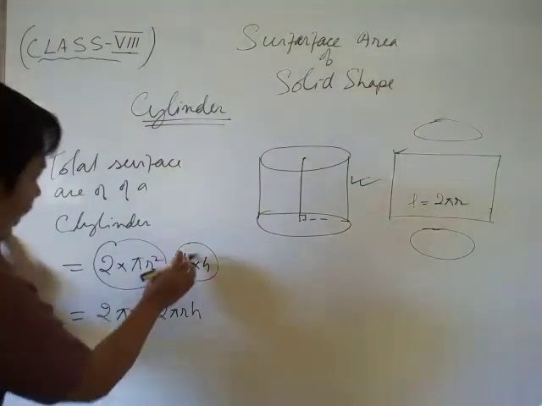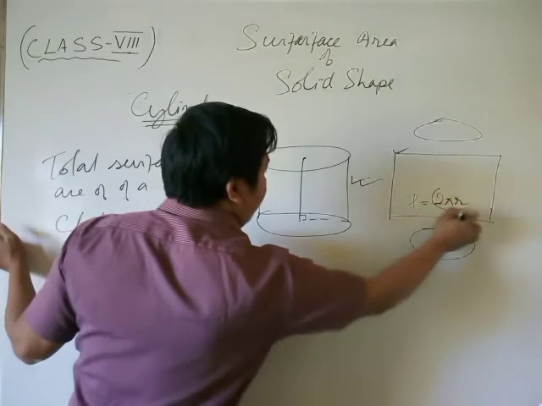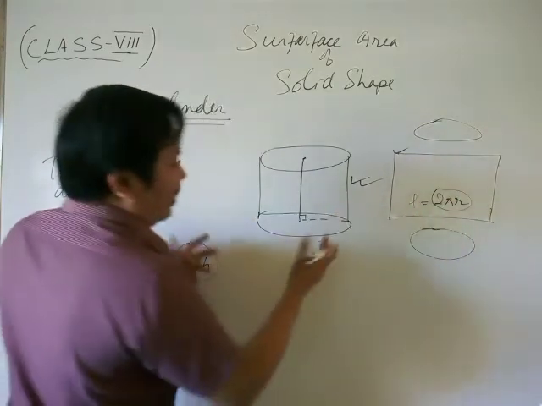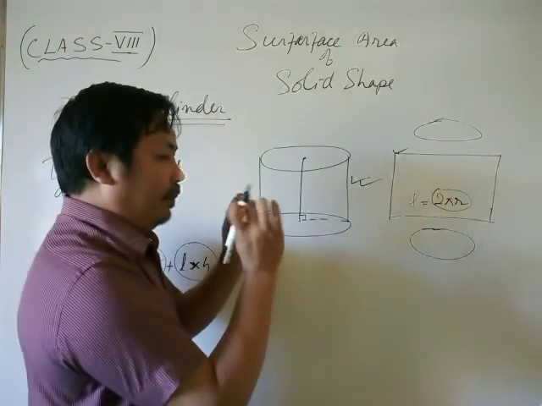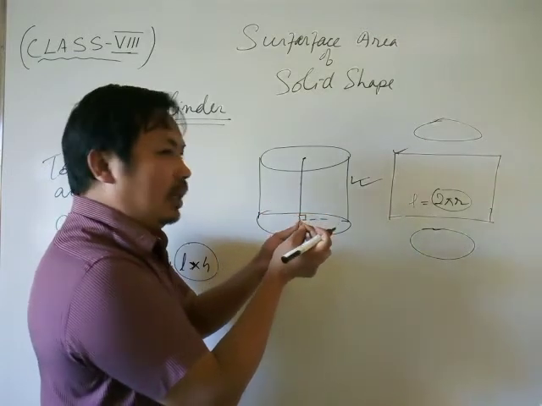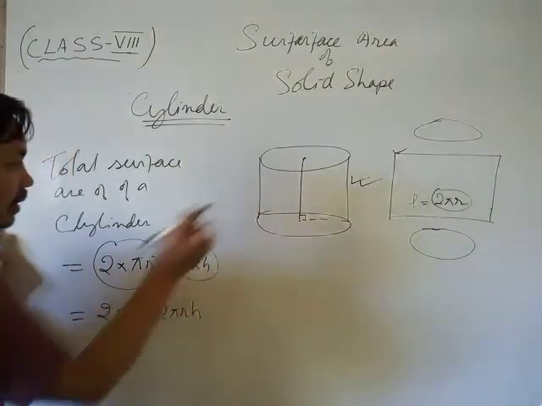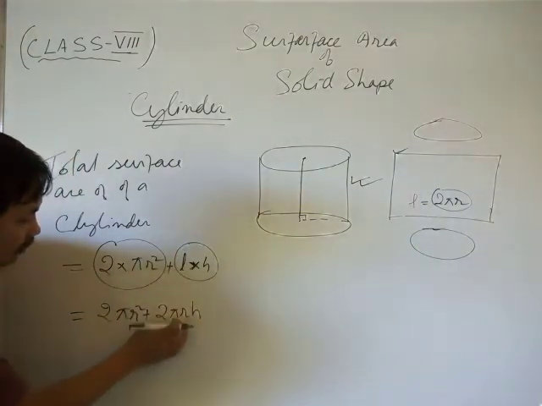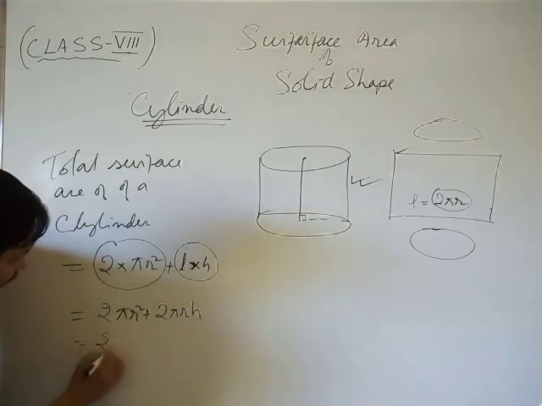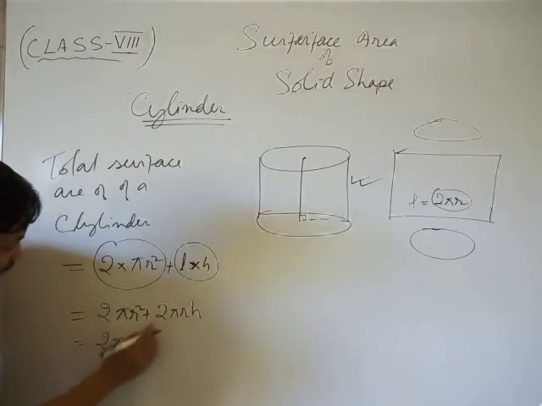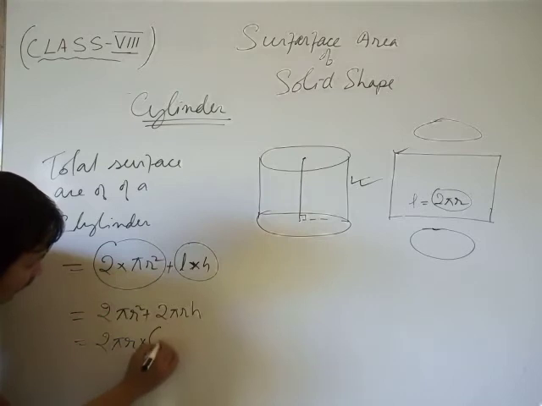L we have to replace with this circumference, because when we bend, this length makes a circle and becomes the circumference of the circle. So instead of L, we take the circumference 2 pi r into h. From here you see 2 can be taken common, pi also can be taken common, and r also can be taken common. Then in the bracket it is r plus h.